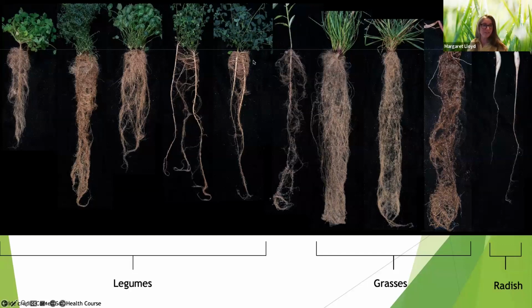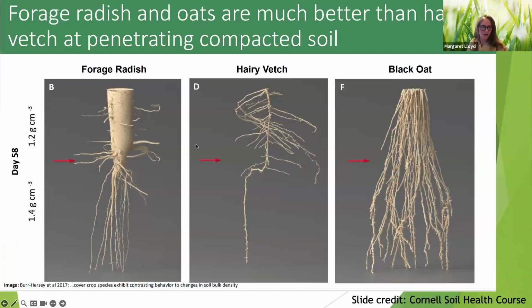Legumes also have decent root systems, but they are not as deep and as fibrous as your cereal crops. On the far right, you see, and also in cases of more compacted soil, when you look at these different root systems, so this red line or arrow indicates the zone of compaction, and you can see how each of these crops responded to compacted soil.